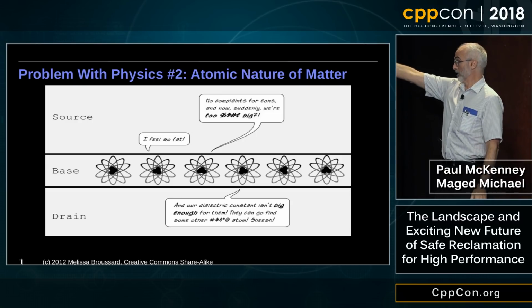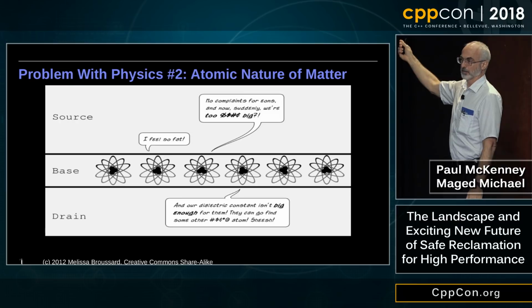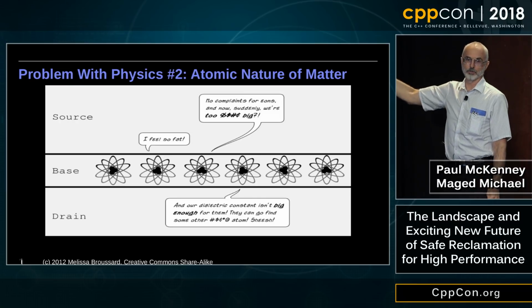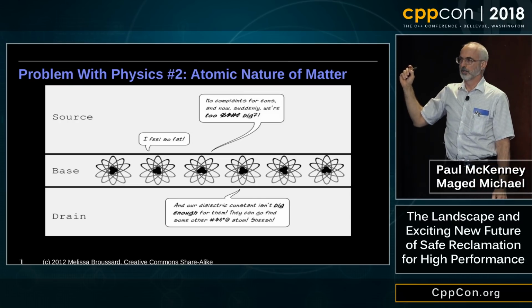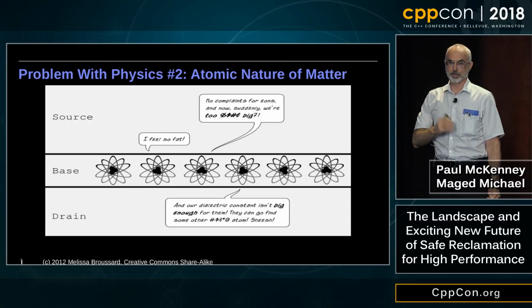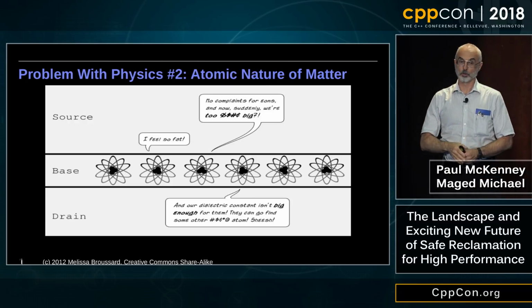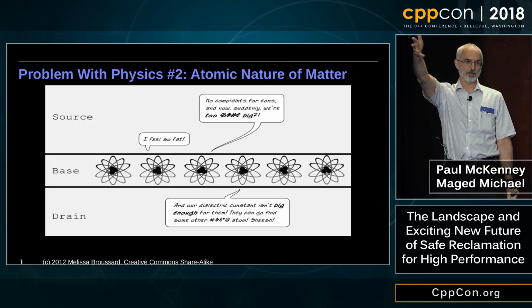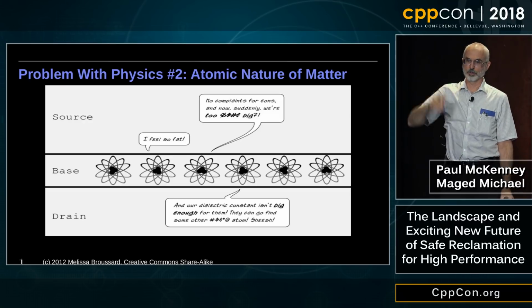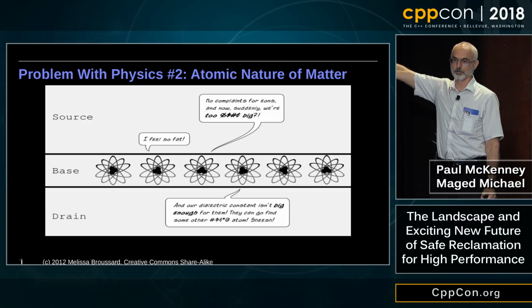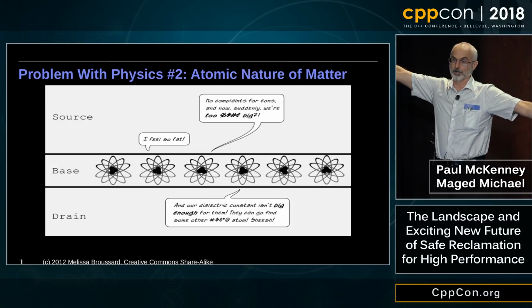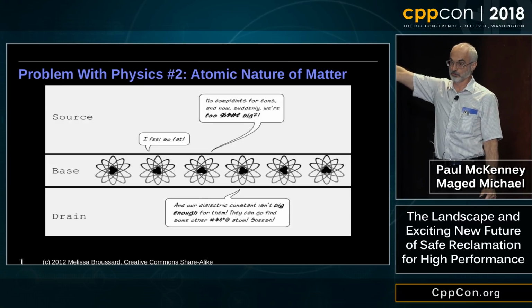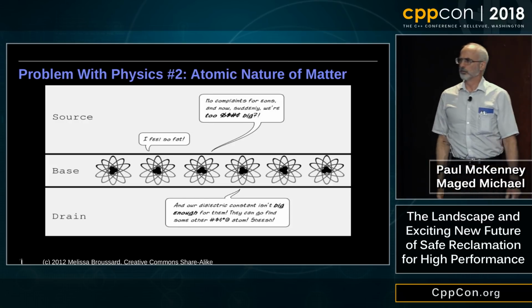There have been transistors like this with a single row of atoms actually produced and used in research environments. The last time I saw a scanning electron microscope of a transistor was more than 10 years ago, and it had about that many atoms in the base. So it's entirely possible that they're doing this in production. It's entirely possible this laptop is like that, for all I know. But it's close. So we can only go so much smaller.